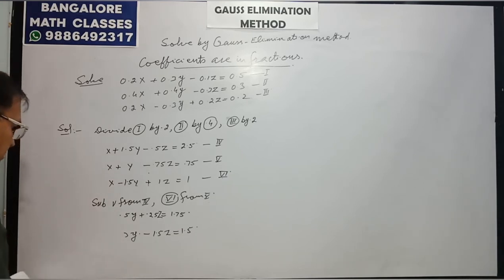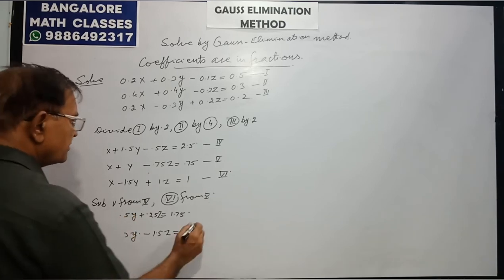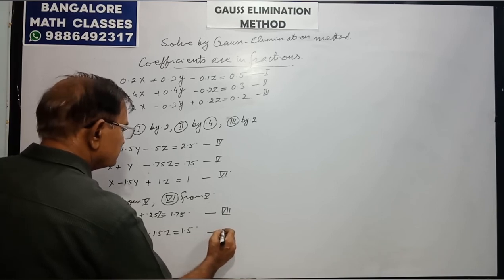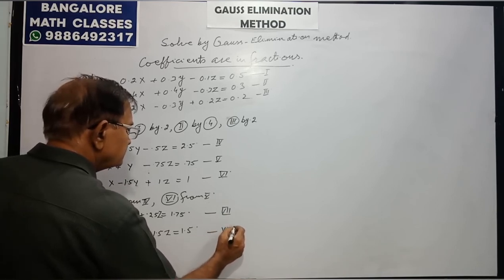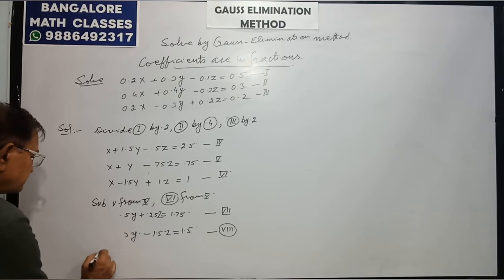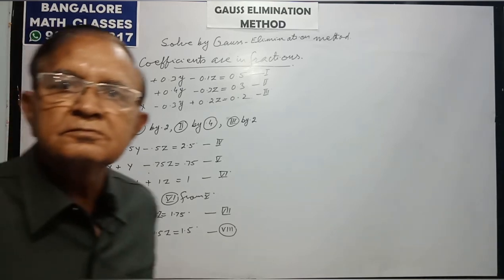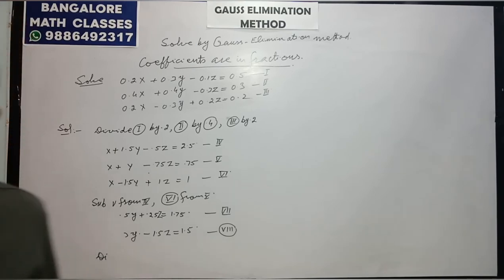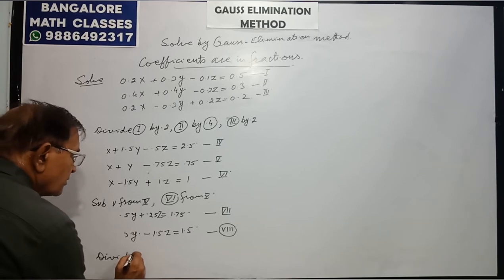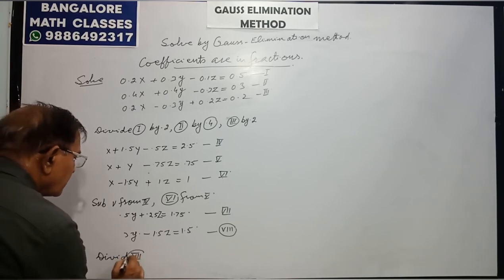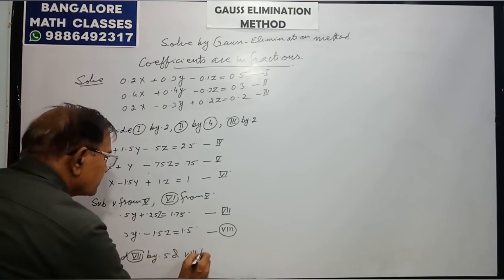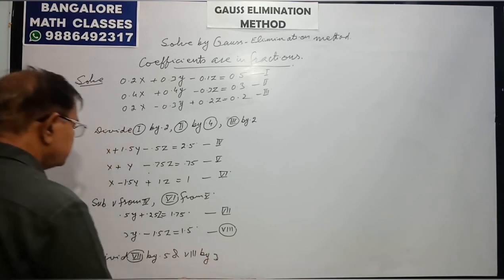Then we will make coefficients of y as 1. Let it be 7 and 8. Divide 7 by 0.5 and 8 by 3.